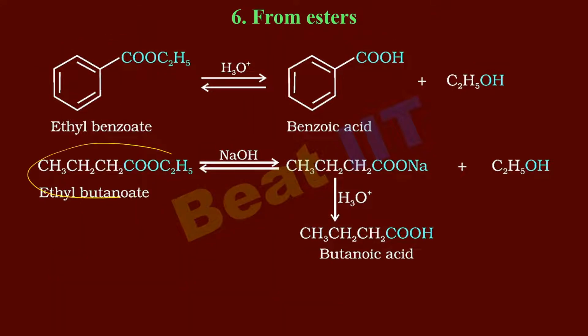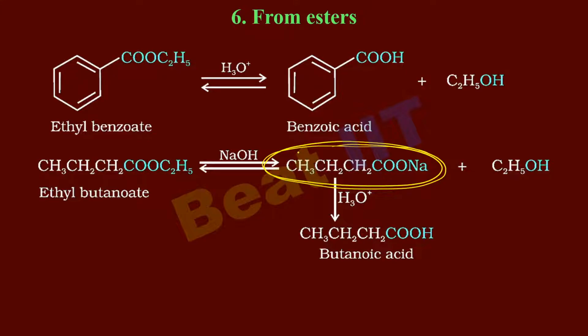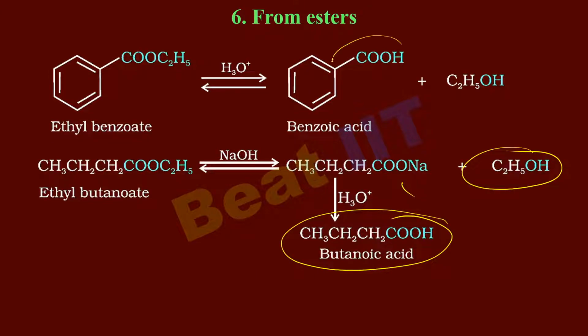Similarly, in this case, this is an aliphatic ester. Here we preferably use a strong base. It is hydrolysis, but normally, to get the salt of the acid first, we use base here. The final products are similar in both cases: acid and alcohol.